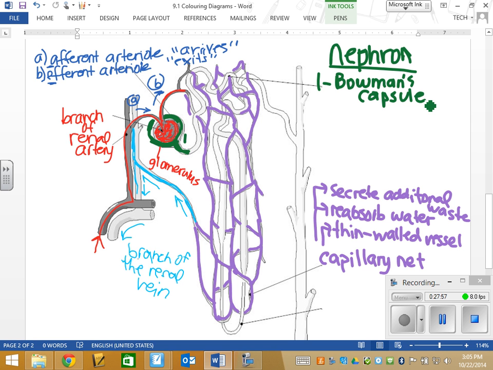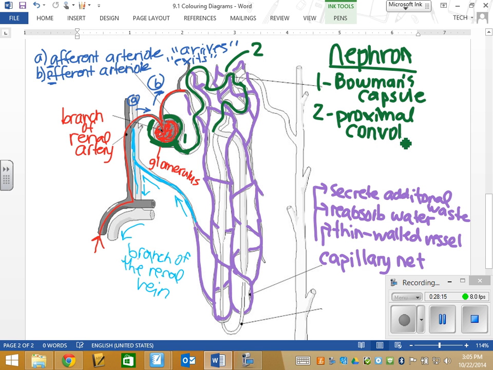Then if you follow the nephron up, you'll see that you get this twisty, convoluted tube. That section here is called the proximal convoluted tubule.